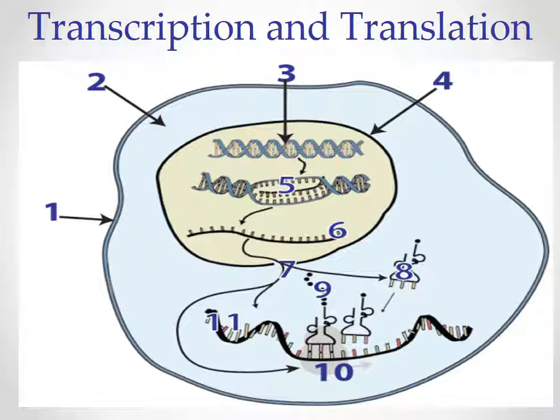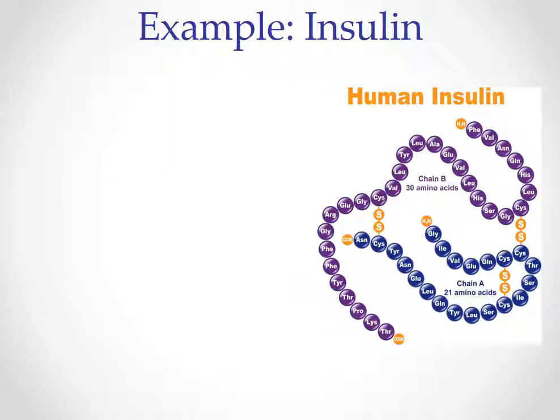Where you go from mRNA language to a protein language. That's translation. What number 10 also can be is the organelle that assists or makes protein. That's your ribosome. And number 11 is your messenger.